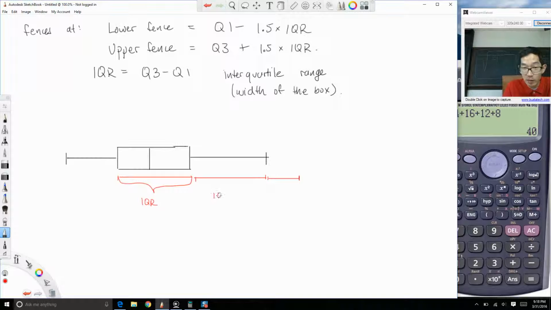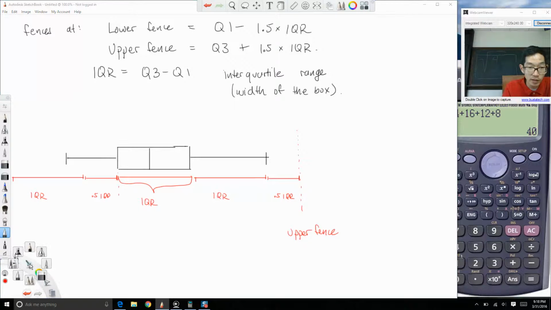So this is IQR, IQR, and then 0.5 of the IQR, right? So this is 1.5 times this IQR. This creates the upper fence. You do the same thing on the lower side. Okay, and then down here you would have the lower fence.